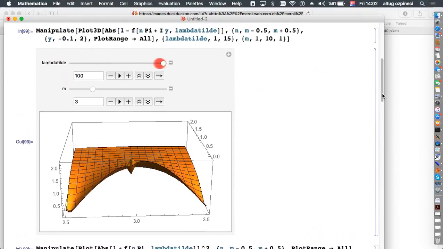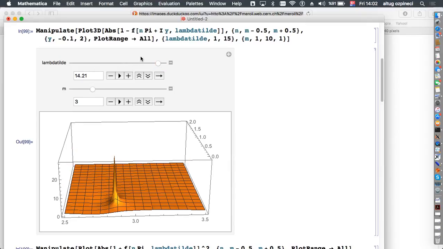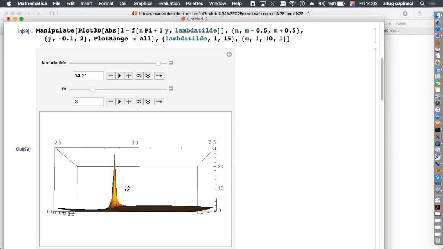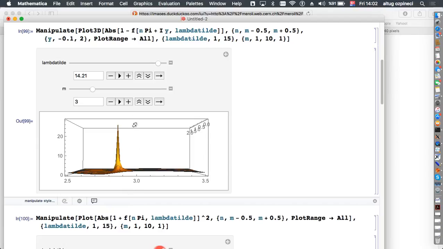For example, let me take a smaller value. There should have been a pole when m is equal to exactly 3, right here. But it's shifted to smaller values because of finite lambda. And the shift is, let's say, how much? It's shifted by something like 0.1. Well, 0.1 is 1 over 14, approximately.